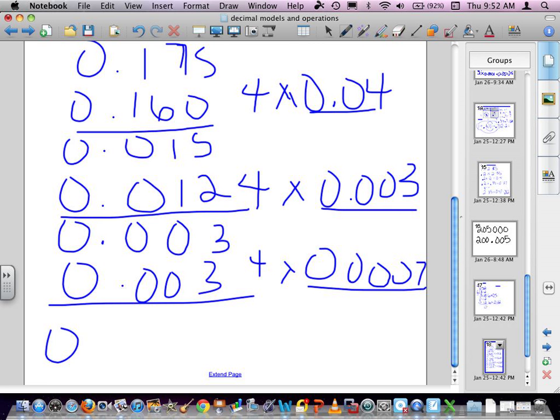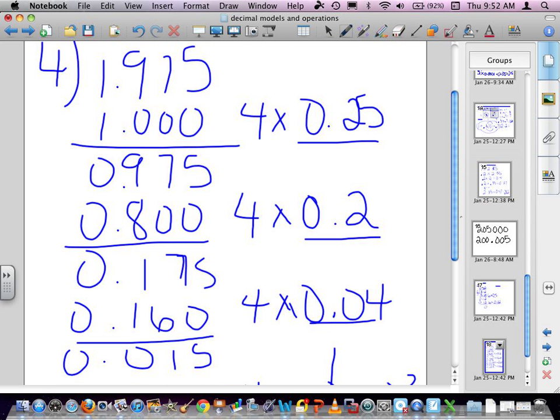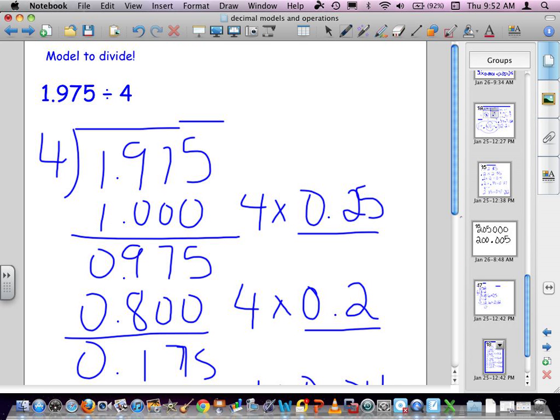So then I can add up all my bits. So I have 4375 at the end here. And as I go back up, I had 2 tenths and 2 tenths, which gives me 4 tenths.